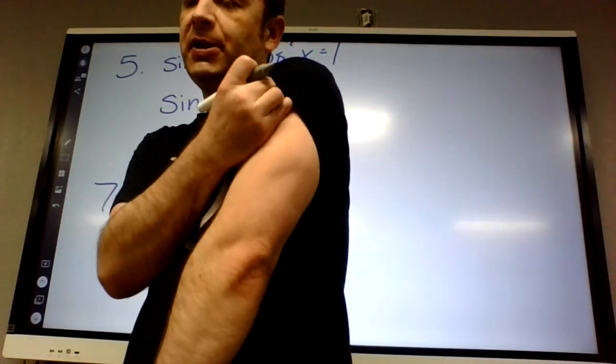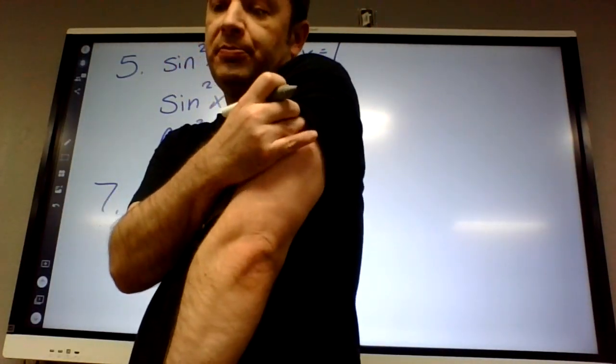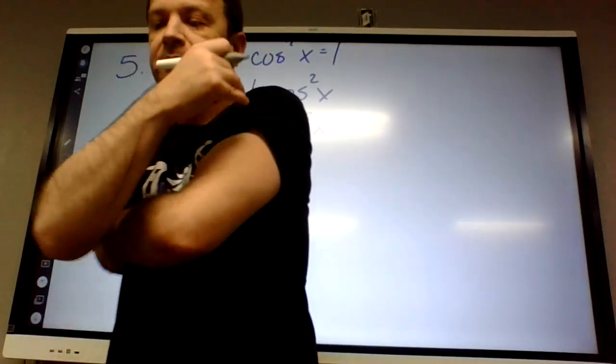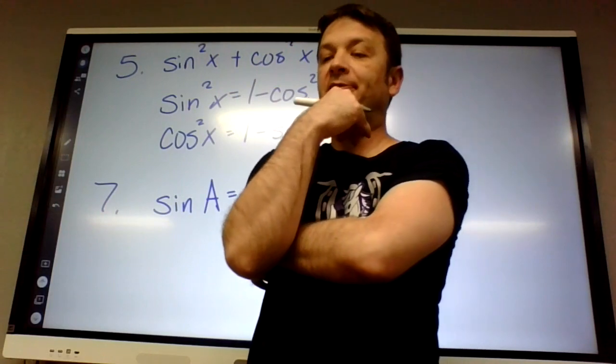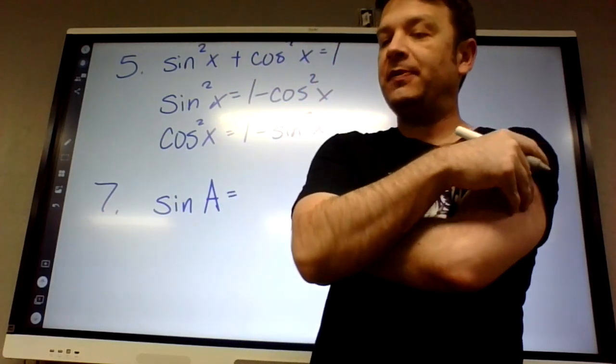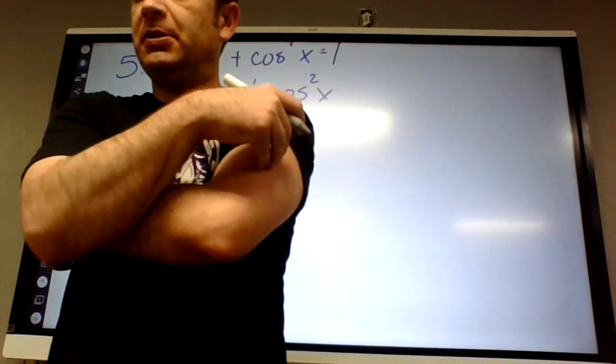Sine of angle A should be equal to what over what? What ratio does sine give us? Opposite and hypotenuse. What's opposite of angle A and what's hypotenuse?